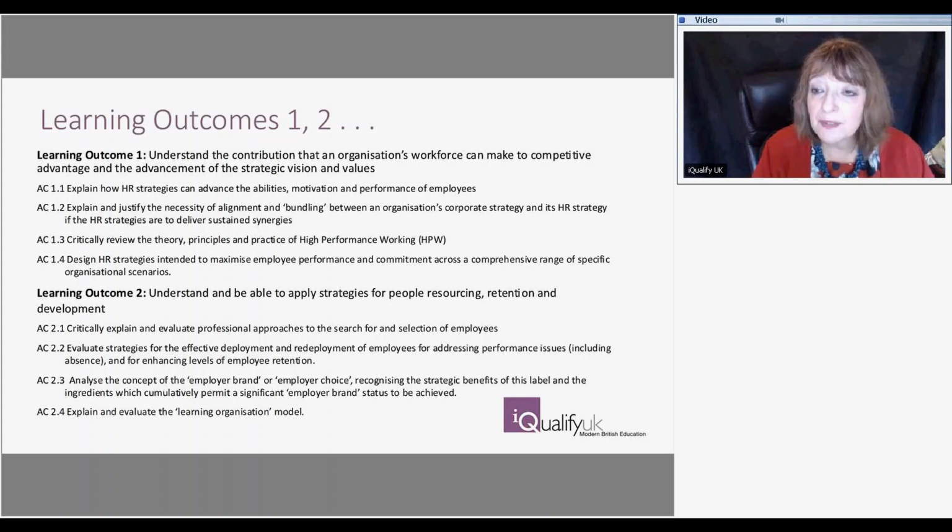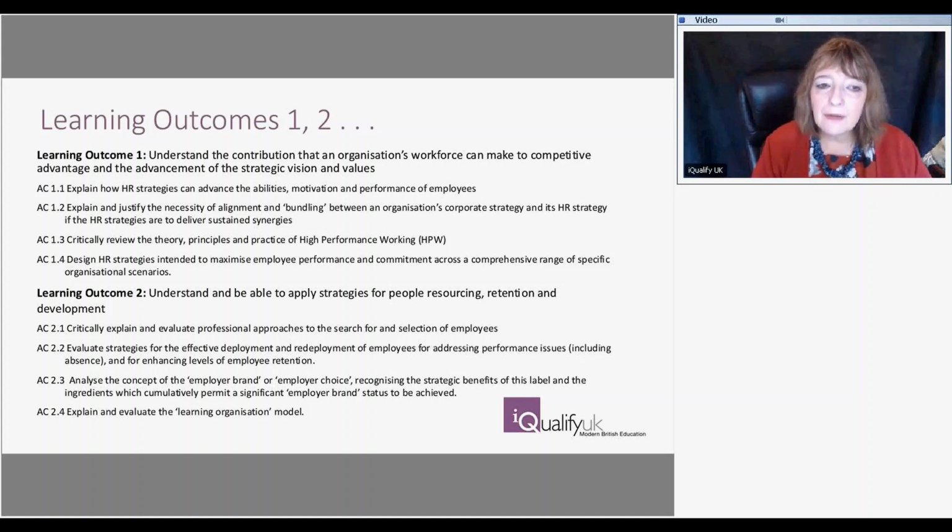Now, all of that was covered in Lectures 2 and 3 of the lecture series. So that covered learning outcome 1, not necessarily in exactly the same order, but pretty much close to it.